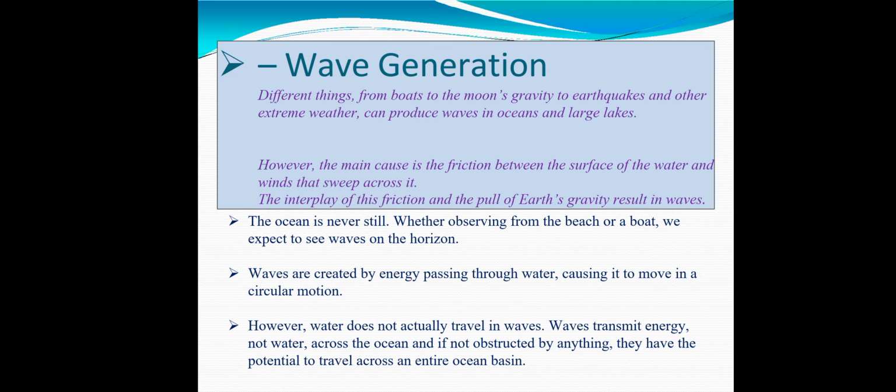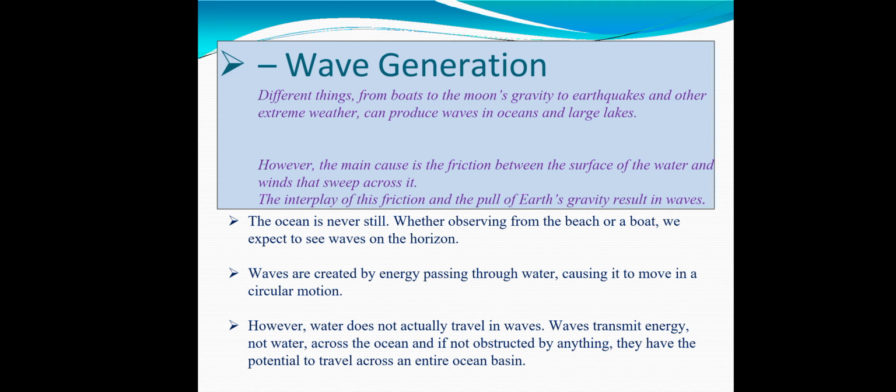Now we will be concentrating on how a wave is generated, right? Waves are generally generated due to the combined interplay of the moon's gravity, the sun's gravity, and the frictional force between the surface of the water and winds.